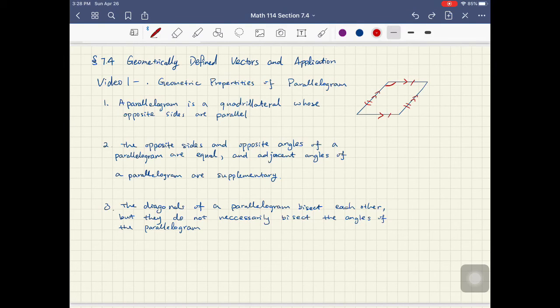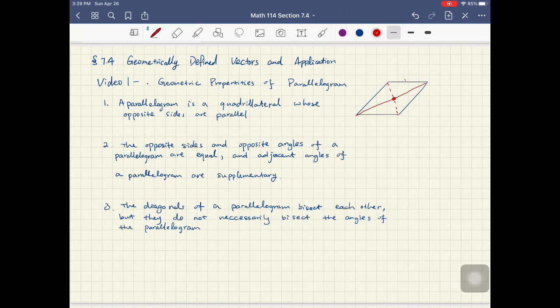Then the third property is talking about the diagonals of a parallelogram bisect each other. So I need to talk about the diagonals. Bisect each other means when they intersect, the intersection point is the midpoint of each of those two diagonal lines.